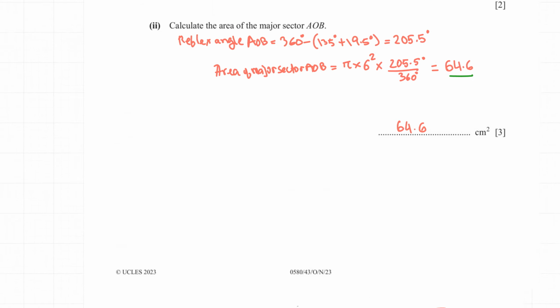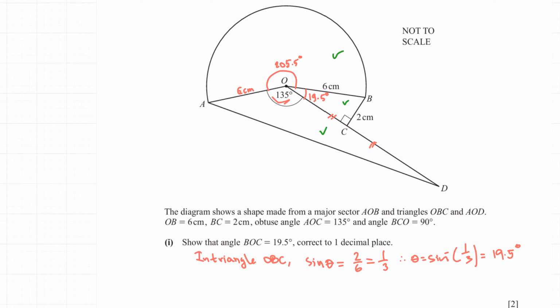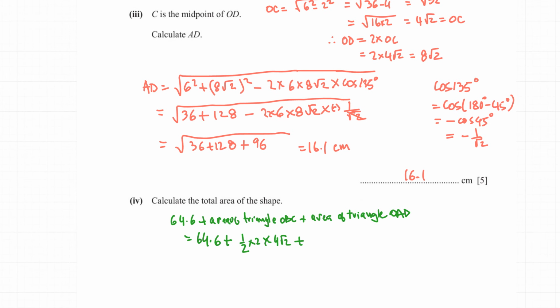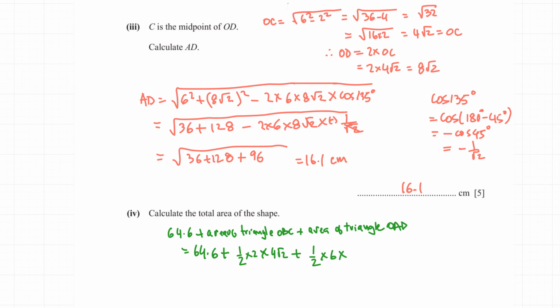For that we need to do half times AB times sine, so use the sine formula to find the area. So half times 6 times OD times sine of 135 degrees, we found what OD is, 8 root 2. Once again, sine of 135 degrees is equal to sine of 45 degrees, because sine of 180 minus 45 is 45.